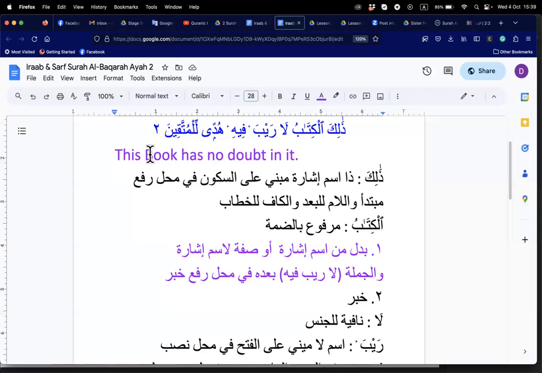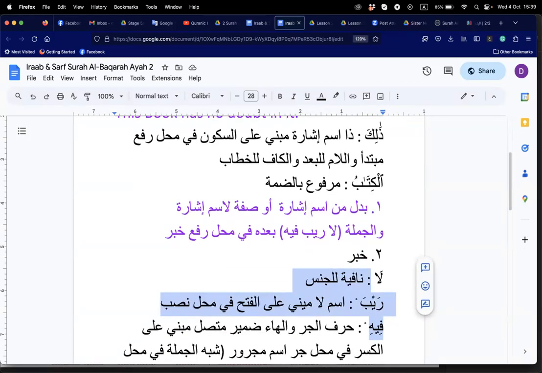And then if you say that this is the khabar right here, then what would this sentence be? La roiba fi. What would it be in this sentence? Sister Shamima? What is the connection of this sentence, la roiba fi?